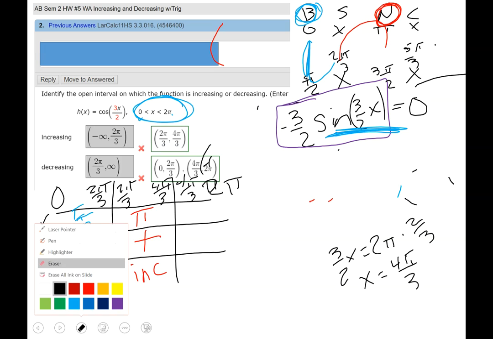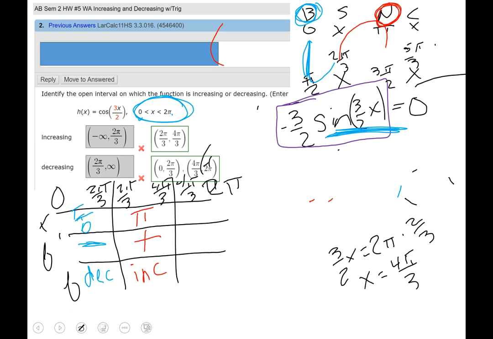Okay, so last interval that we need to deal with. I got to pick a number between 4 pi over 3 and 2 pi, okay? So I know it's something in there. I'm going to go ahead and pick 11 pi over 6 because I know that that's the last one on there, right?